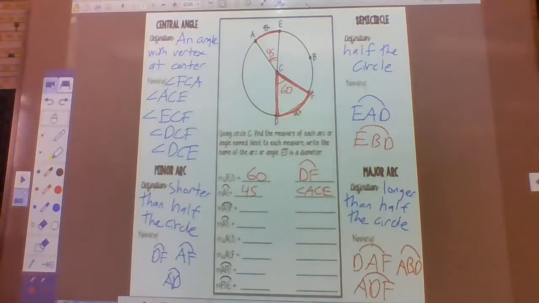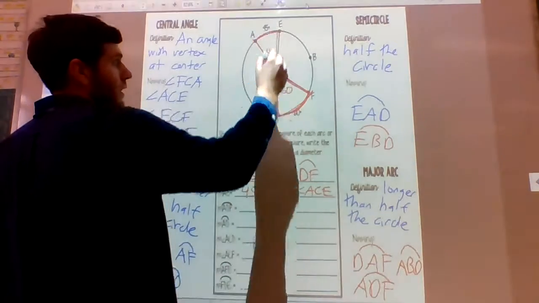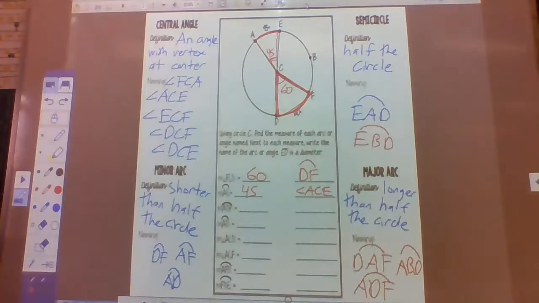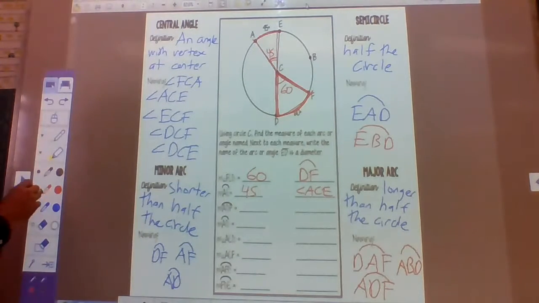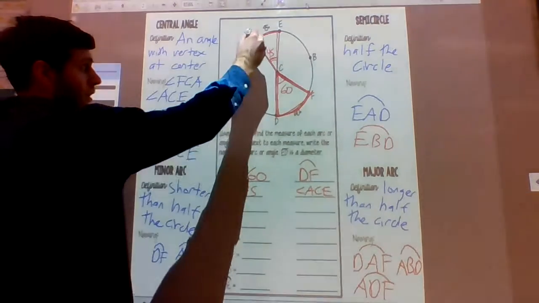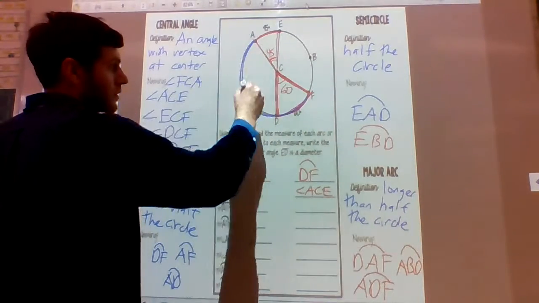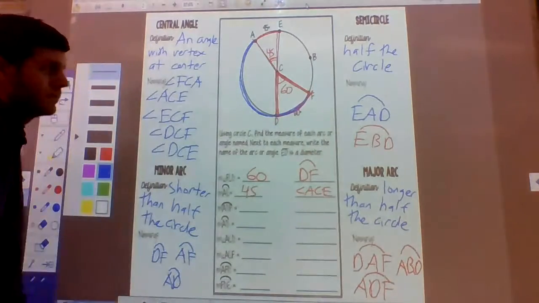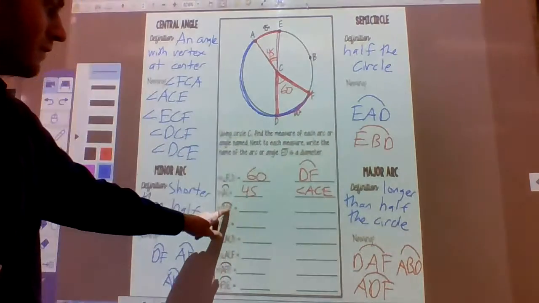Third one is where we get a little more complicated here. So this was that angle. The measure of angle ADF. So arc ADF, it's a major arc. It's more than half the circle. And again, we're going the long way around because we have to include point D, so it's a major arc.